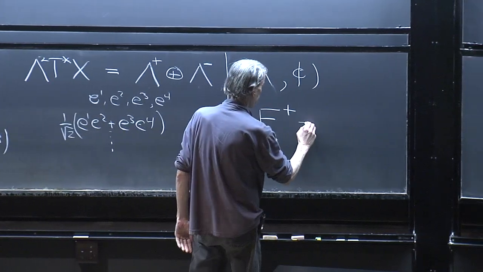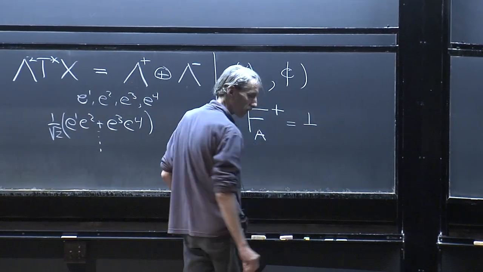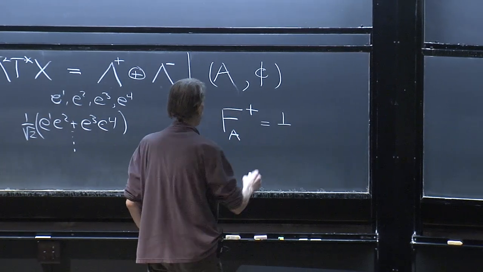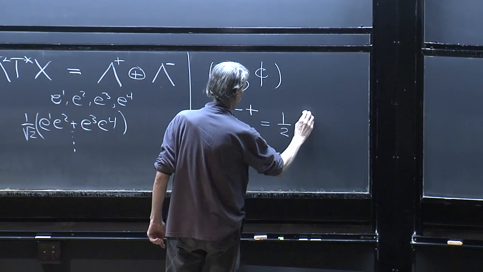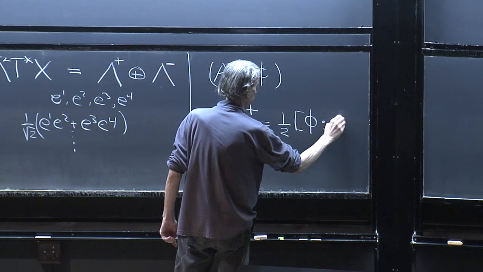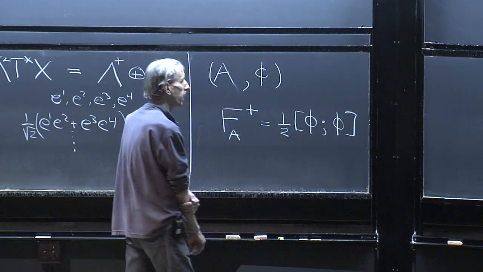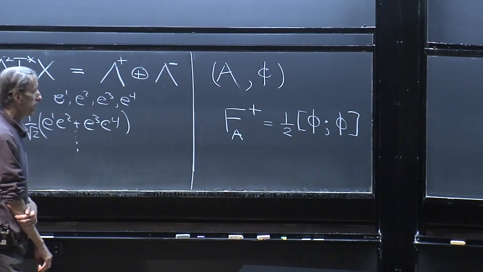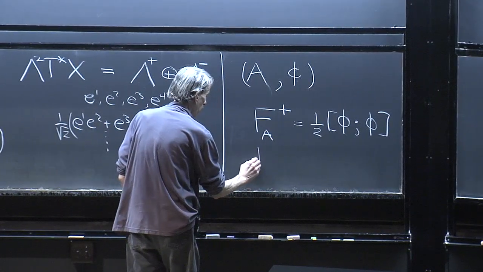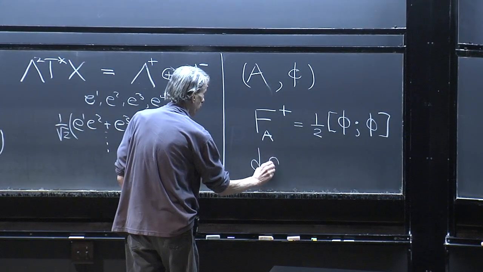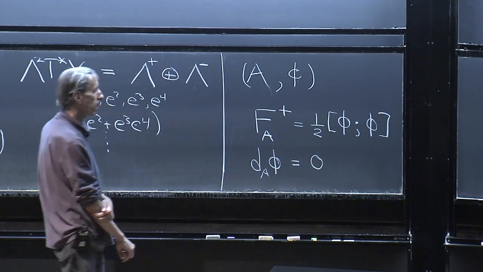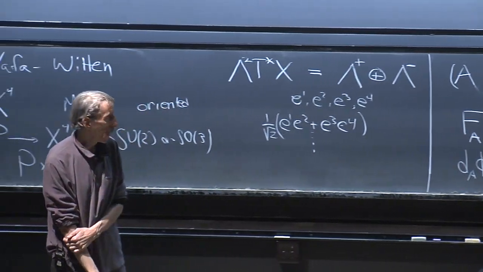And this is a certain bilinear function of the Higgs field. I'll write it schematically with a semicolon as a bilinear. I'll tell you what that is in a minute. And then the other equation involves phi, and it says that the covariant exterior derivative, which is a 3 form, should be equal to 0. And so those are our 2 equations.